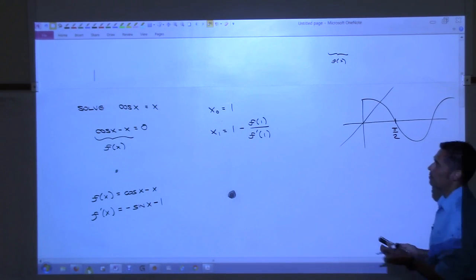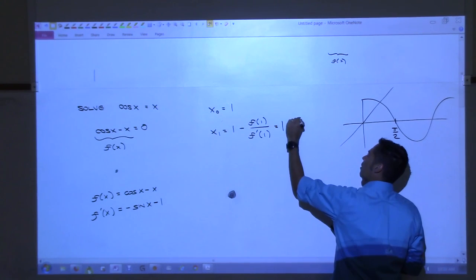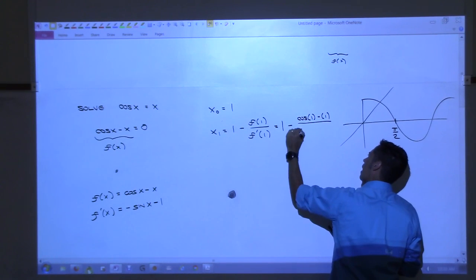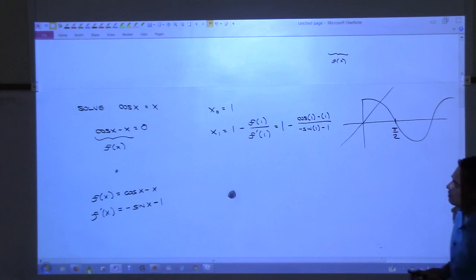And so I'm going to be doing, just for clarification, this is going to be 1 minus what? Cosine of 1 minus 1 over negative sine of 1 minus 1. Yes? That's what I'm doing?